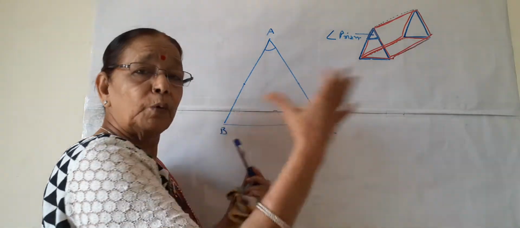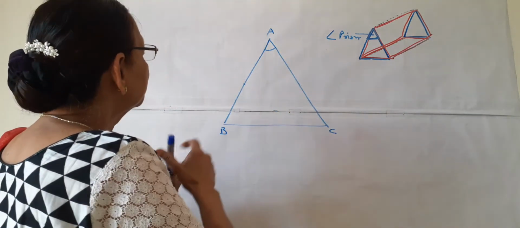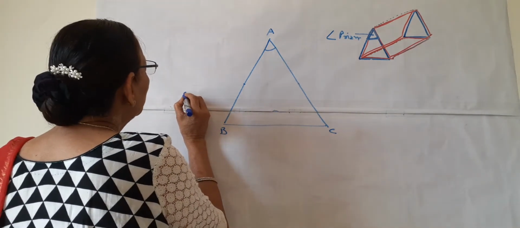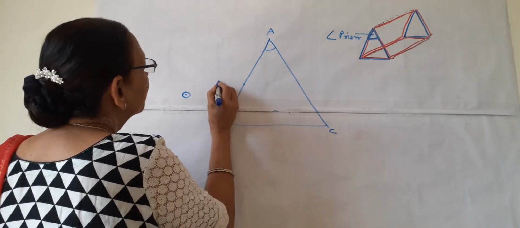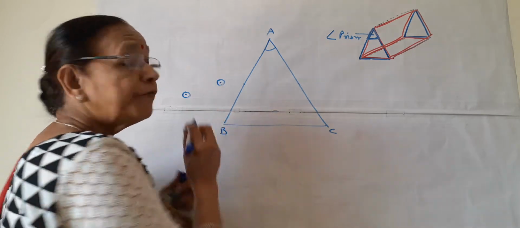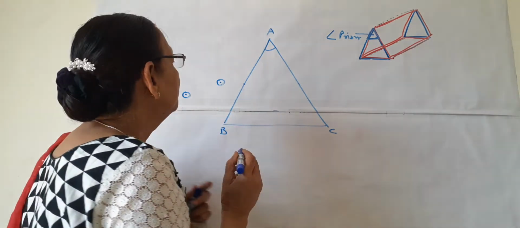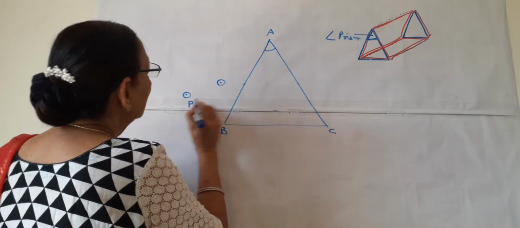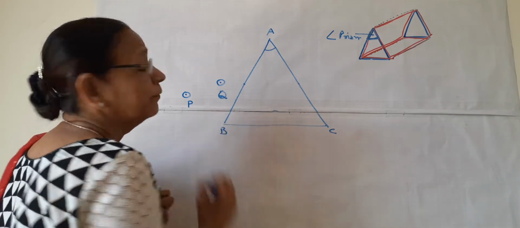On a board, we put this prism, and on one side we fix two pins. Suppose these pins are P and Q.